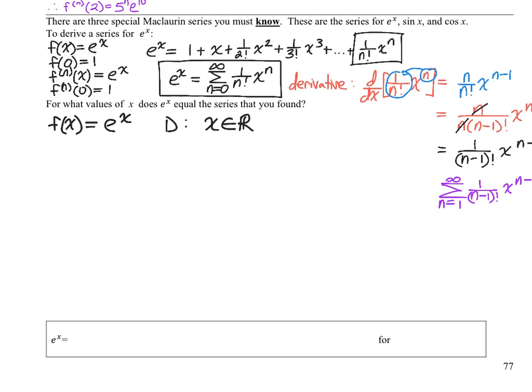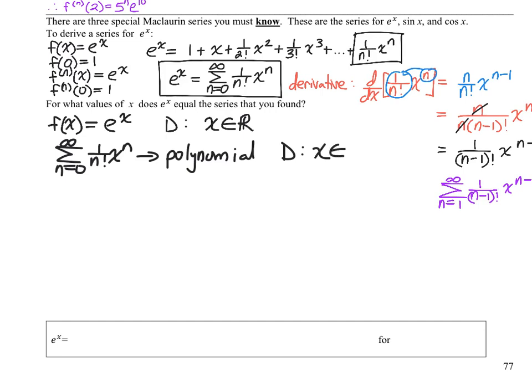In my expansion, the sum from n equals 0 to infinity of 1 over n factorial x to the nth. Well, fun fact, it's polynomial. All polynomials have domains that belong to the set of all real numbers.